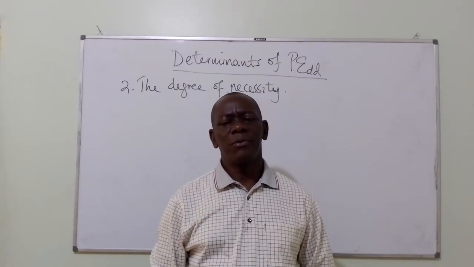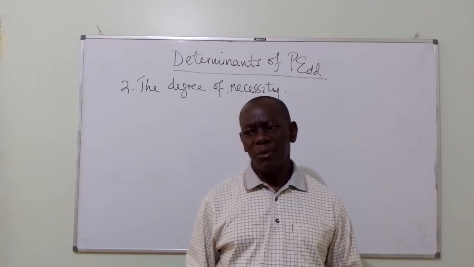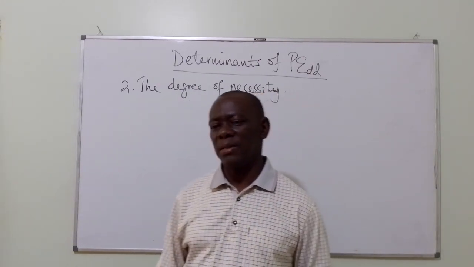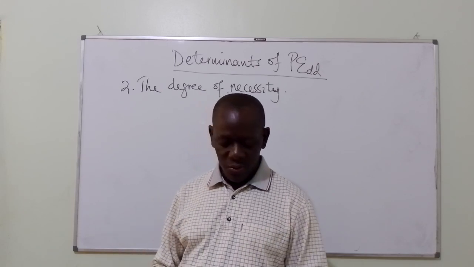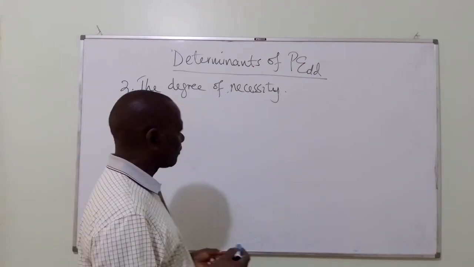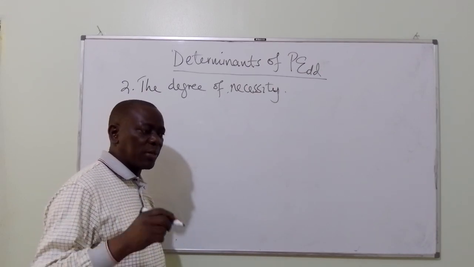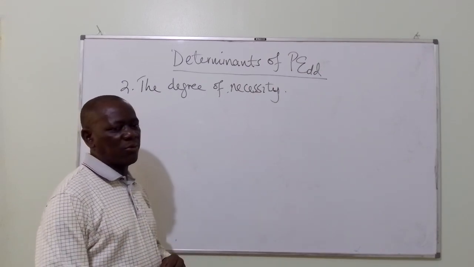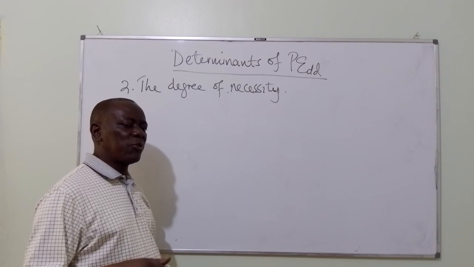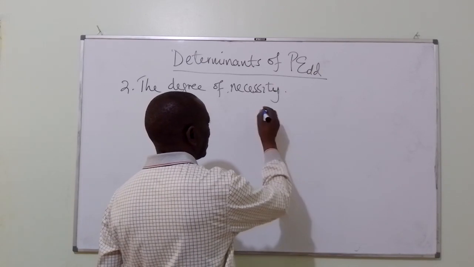Commodities which are necessary, which cannot be avoided, the commodities which you cannot avoid in life, normally have inelastic demand. And goods which you can avoid have elastic demand. So when you look at the degree of necessity, goods which you cannot easily avoid are necessary goods. You must use them, you must have them. So their demand is usually inelastic. Their price elasticity of demand is inelastic.